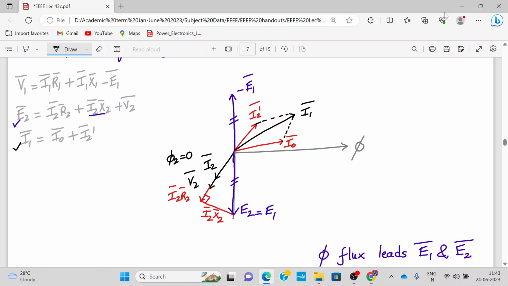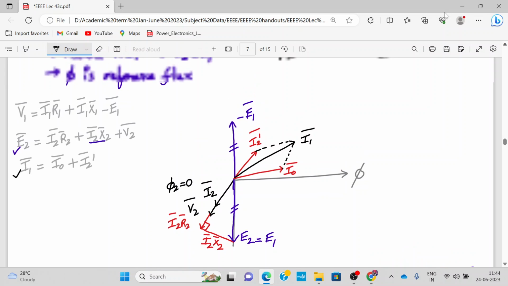So far any confusions? All right, I hope not. So we have added I0 to I2 bar using the parallelogram law of vector addition, such that I1 bar is I0 bar plus I2 bar.